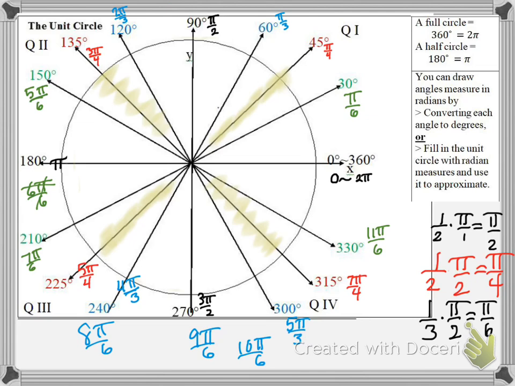I took 5 pi over 6. It didn't reduce, I kept it. I took 6 pi over 6, reduced it down to pi. I took 7 pi over 6, didn't reduce. I took 8 pi over 6, reduced it down to 4 pi over 3. I took 9 pi over 6, reduced it down to 3 pi over 2. I took 10 pi over 6, reduced it down to 5 pi over 3. I took 11 pi over 6, which didn't reduce.